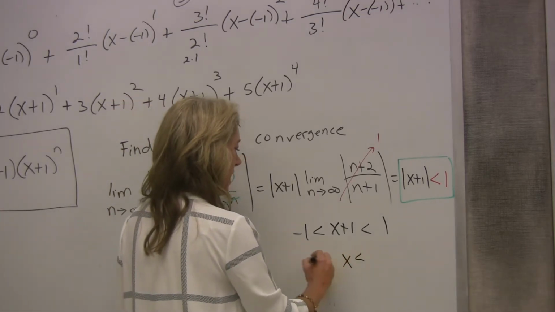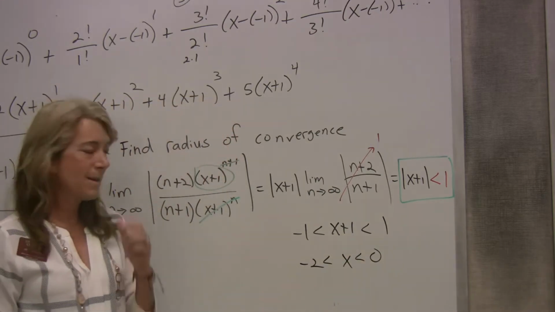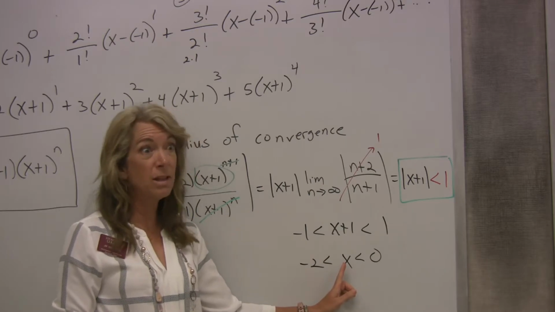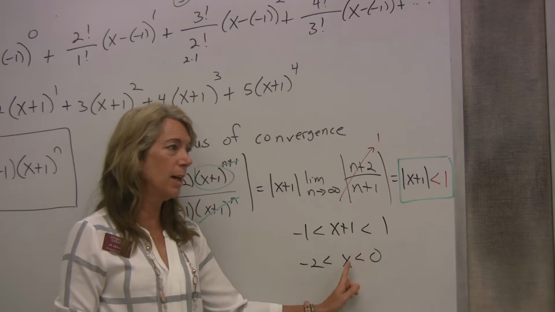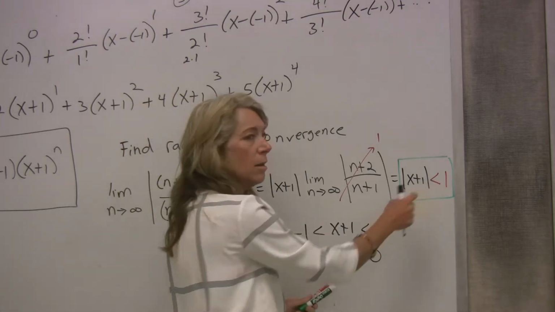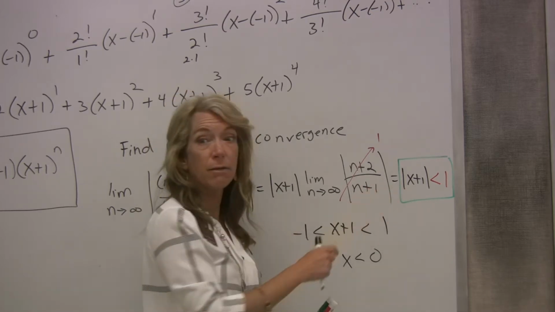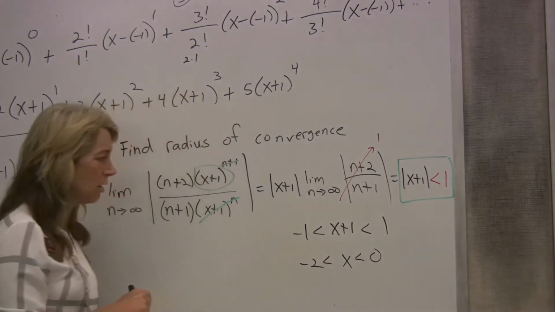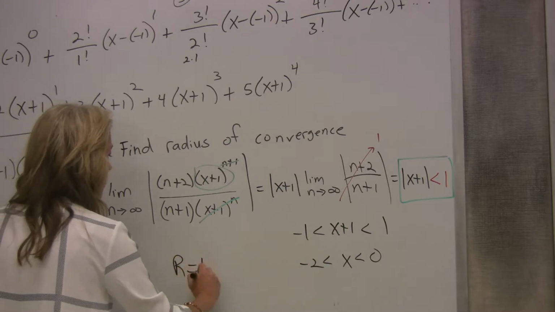Subtract 1 from every side and you get this. What's in the middle? -1. The distance from -1 to 0 or -1 to -2 is a radius of 1. So this number right here is your radius once you have just x by itself. If it was a 5x, you'd have to divide by 5, but if it's just an x, then you're good. So the radius is 1.